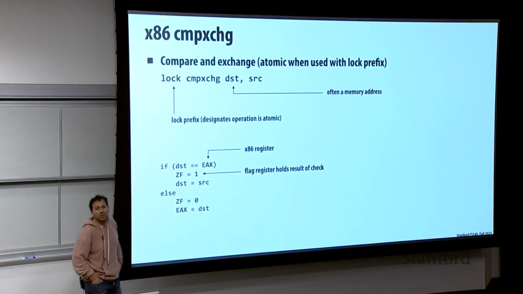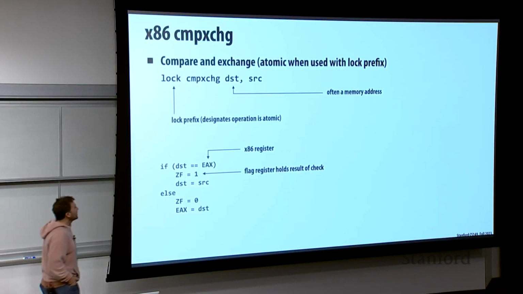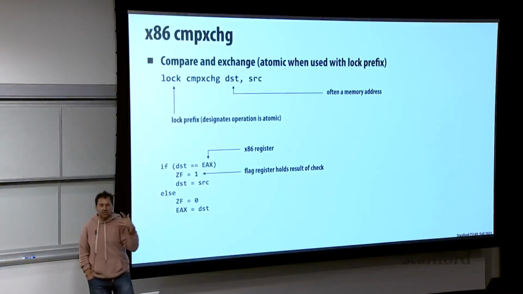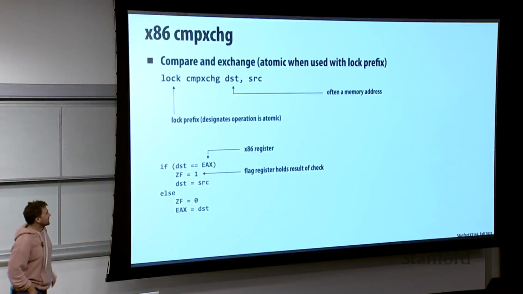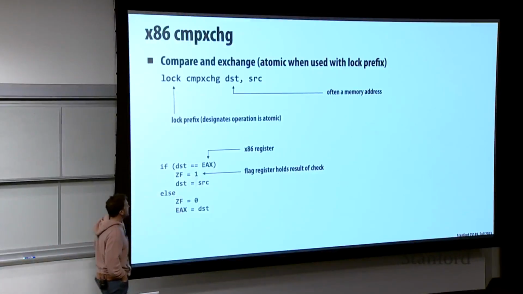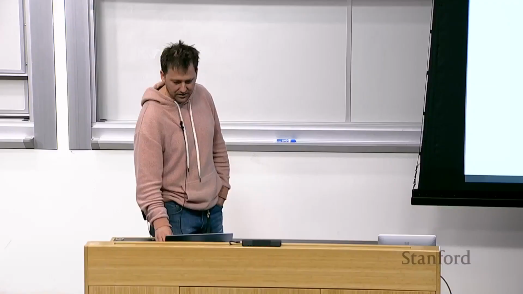You might have something like compare exchange, which is a little bit more elaborate form of things. Offline, I think it'd be kind of fun to study this and confirm that this is essentially a lock with compare exchange, which uses some x86 flags registers and things like that. It's doing basically the same thing.